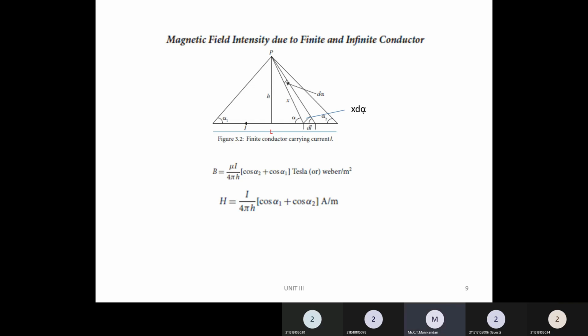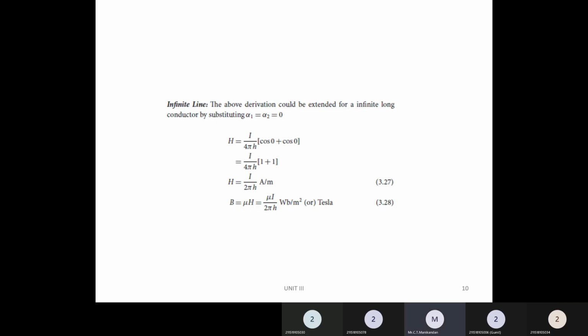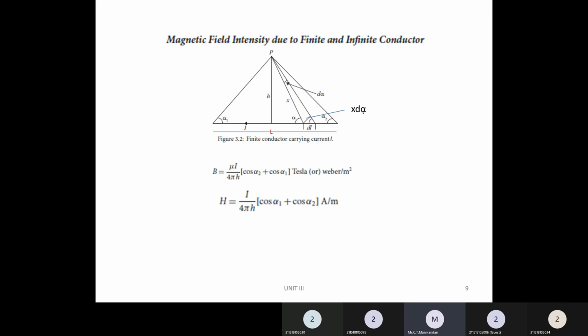If you know B, we can calculate H using the formula B is equal to mu H. For an infinite line, we substitute alpha 1 and alpha 2 as 0. Cos 0 plus cos 0: cos 0 is 1, so 1 plus 1 gives 2.